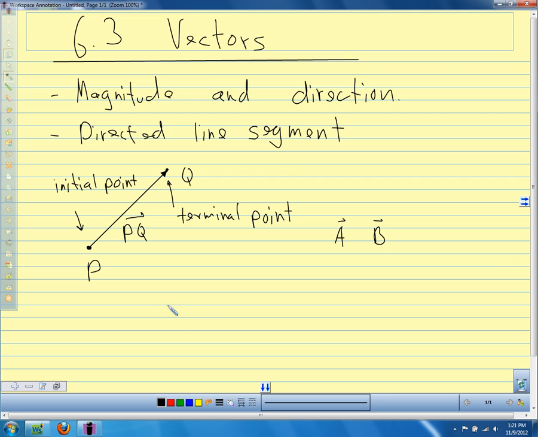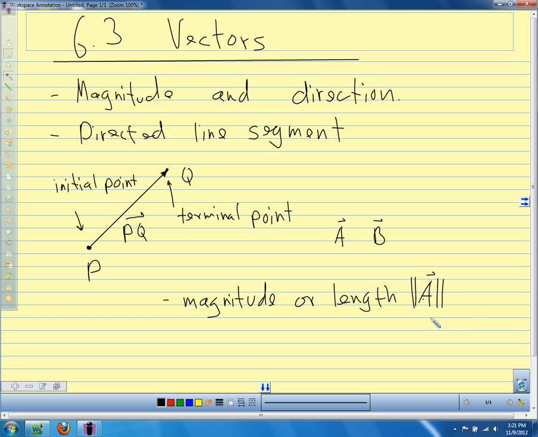We're going to talk about the magnitude. The magnitude or length of a vector is written with double bars.